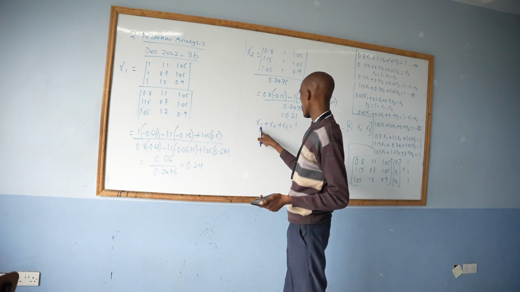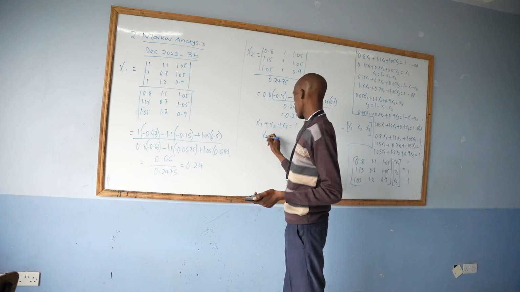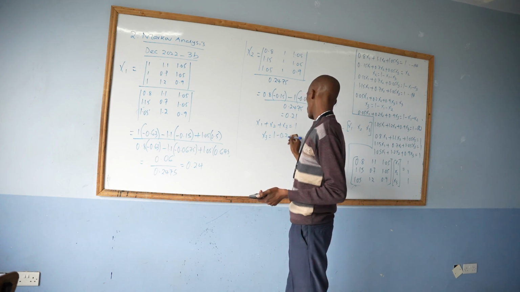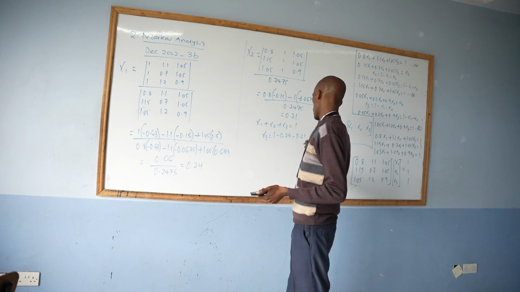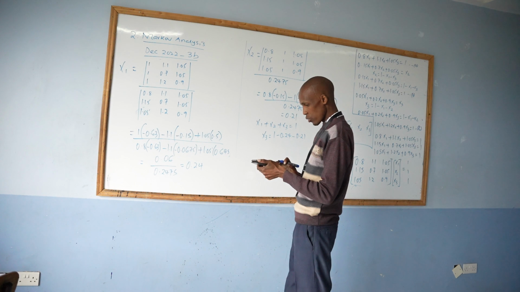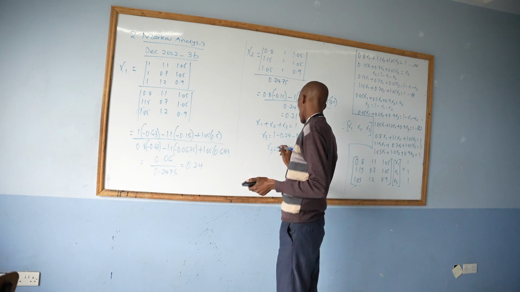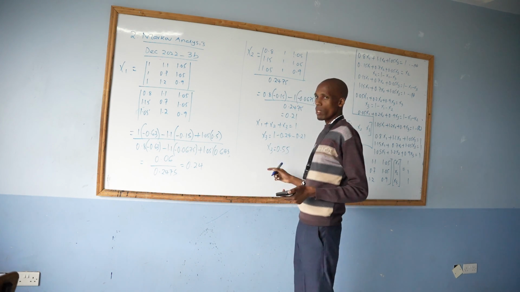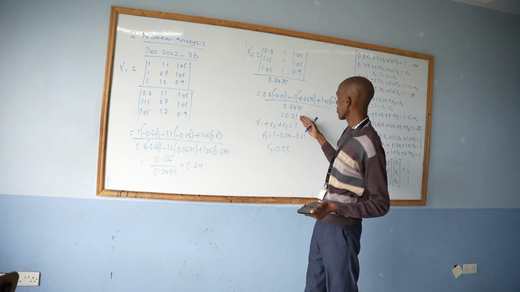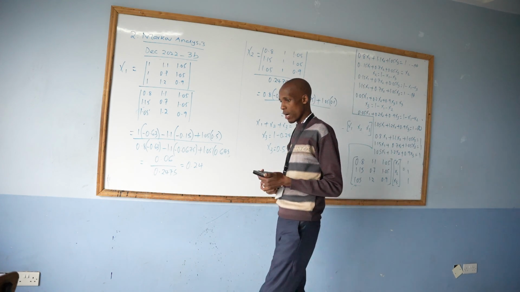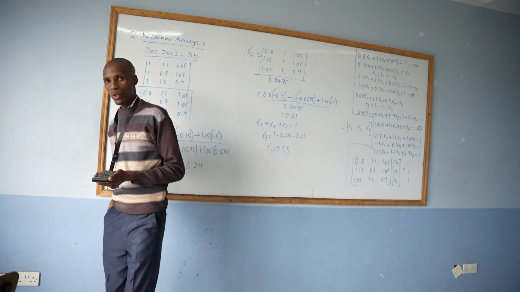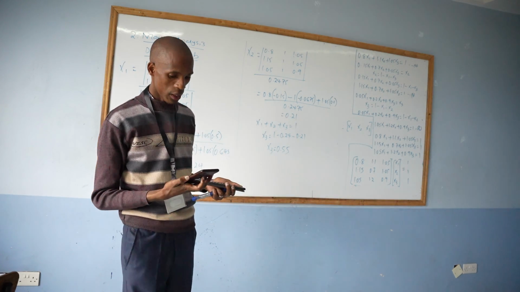So x3 is 1 minus 0.24 minus 0.21. You get x3 is 0.55. You can give them in percentage, or the way they are. So that is a nutshell of the second question.